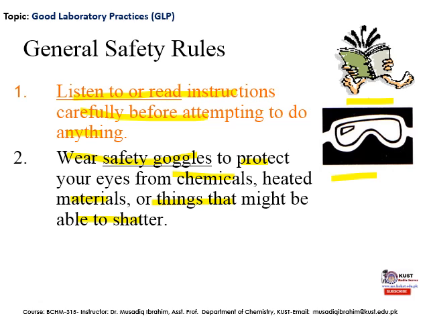So whenever you are doing an experiment within the laboratory, and you know that this experiment involves certain heating, or certain corrosive acids or materials, in that case, you should definitely be wearing goggles to protect your eyes.